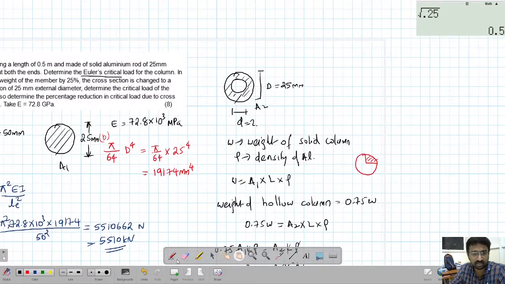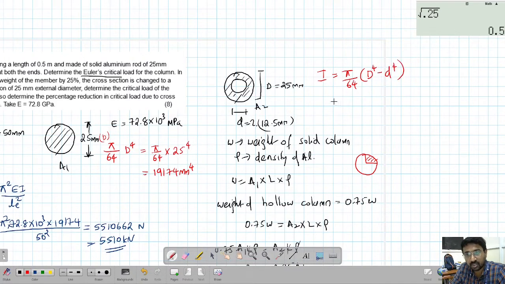Now it is simple, the same formula we have to apply. This is nothing but 12.5 mm. Now we can calculate the I of the section. I of the hollow section is given by pi by 64 into capital D raised to 4 minus small d raised to 4. So this is pi by 64 into capital D, 25, raised to 4 minus small d, 12.5, raised to 4.